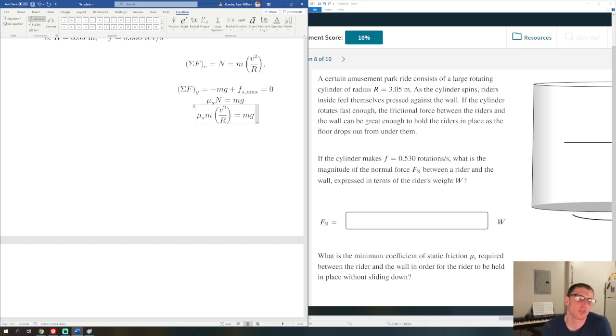And this just comes from using our centripetal force equation and our y equation, just combining them, kind of like we did with linear dynamics, linear Newton's laws. And we see that the mass ends up canceling out, which is great because we don't know what the mass is. We're not told what that is. So you can get the static friction coefficient from this relation here.